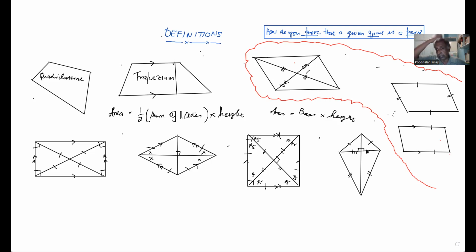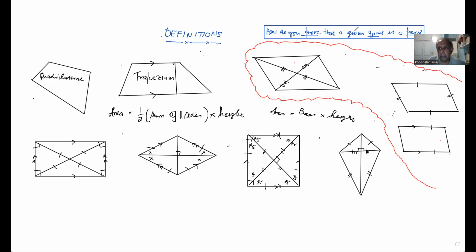You can see the first one is, if you know that in this quadrilateral the diagonals bisect each other, and you don't know anything else, then you can conclude that the opposite sides are parallel. So you're not given that. And once you know that the opposite sides are parallel, then it is a parallelogram, because that is exactly what a parallelogram is. It's a quadrilateral with the opposite sides parallel.